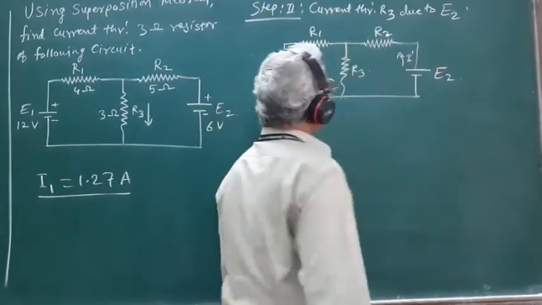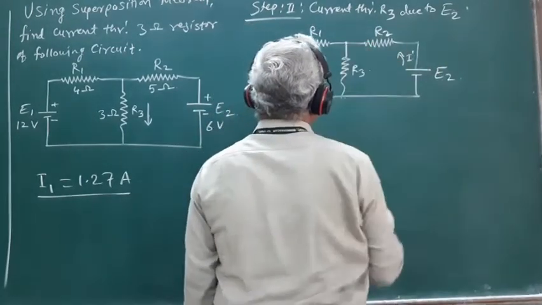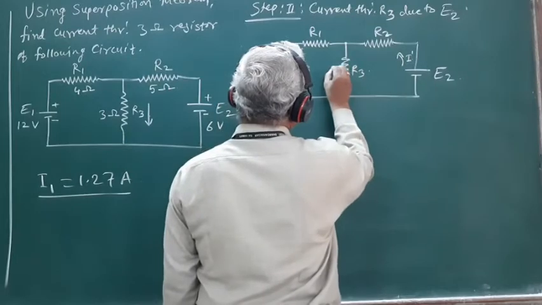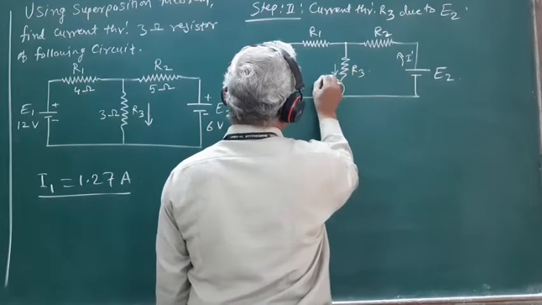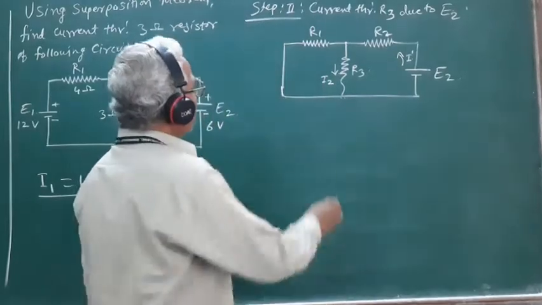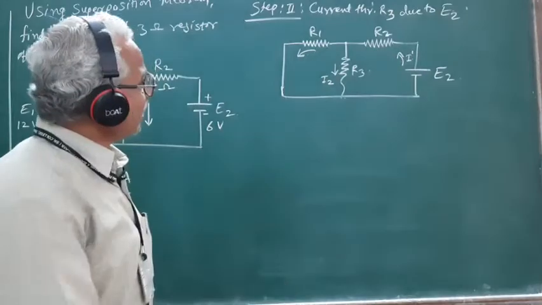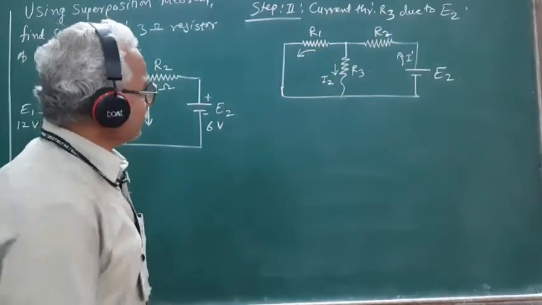So when this current I prime arrives at the junction, a certain part of the current will flow through this resistance R3 and say it is equal to I2, and the remaining current will flow through R1, that is I prime minus I2.